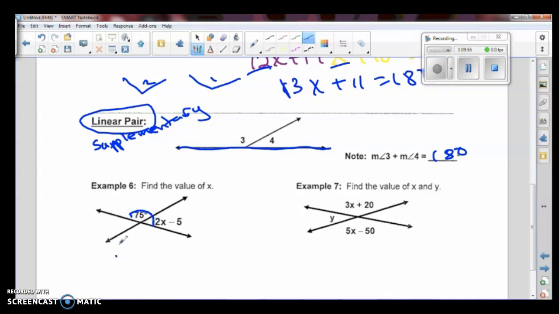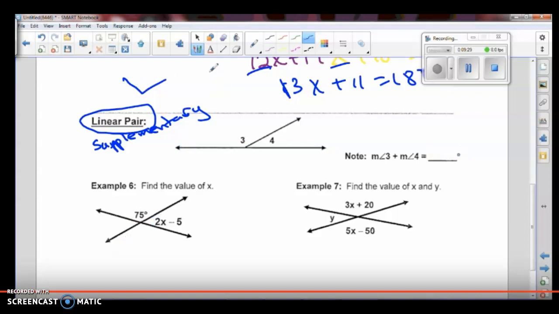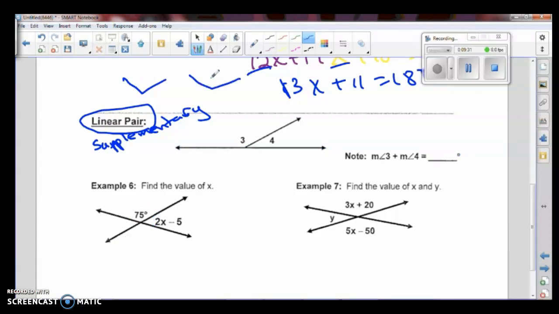Sorry for a little bit of discontinuity in the editing here. Anyhow, what I believe I was saying is that we have these two angles that are supplementary, so they will add up to 180 degrees. Now, take a second to pause the video and see if you can work out example 6 and example 7.